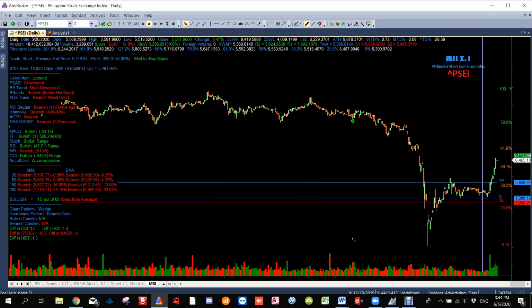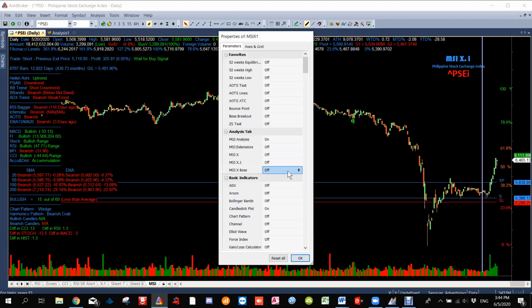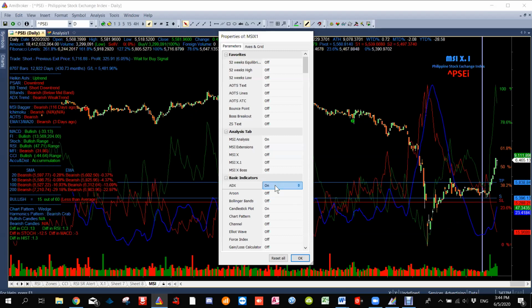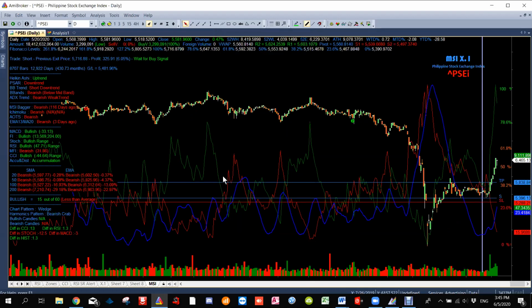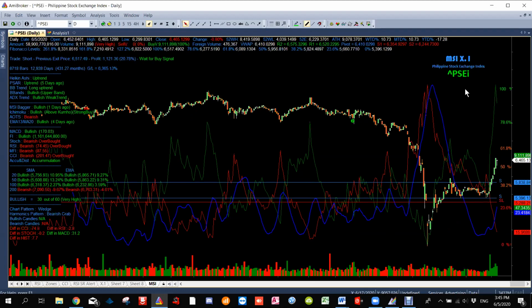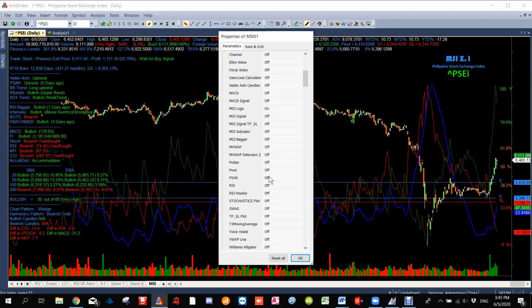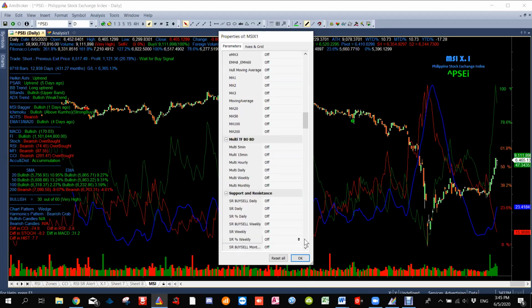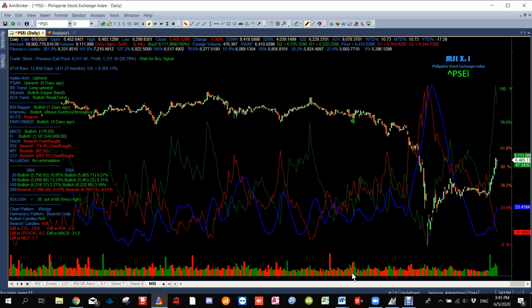Let me show you how the ADX looks. You can see a green, a blue and a red line on our screen. Is it too cluttered? Let's remove the support and resistance.